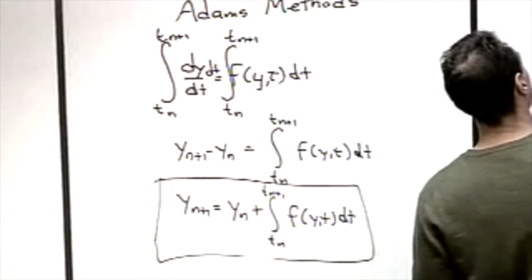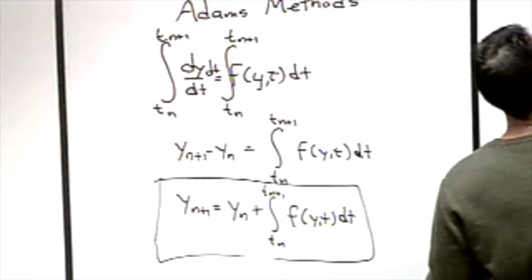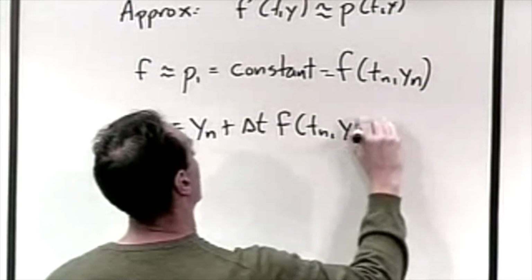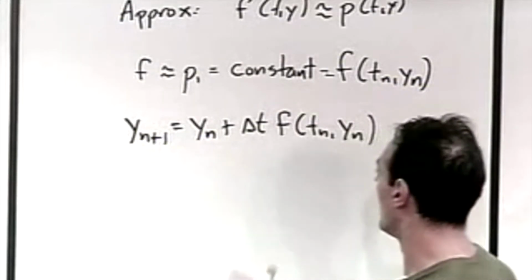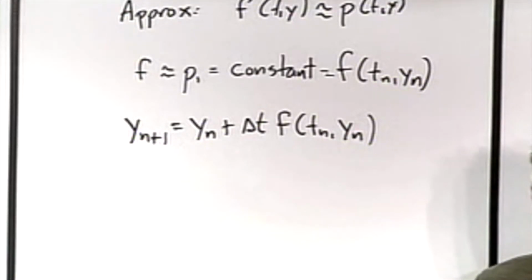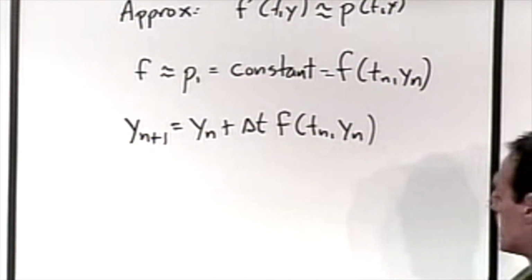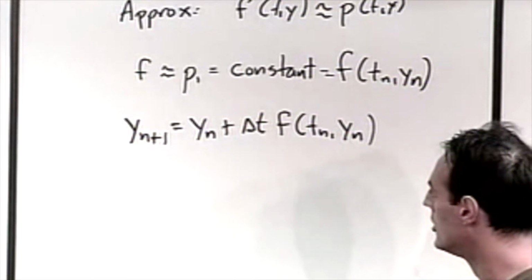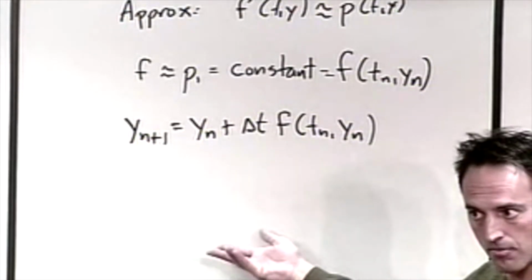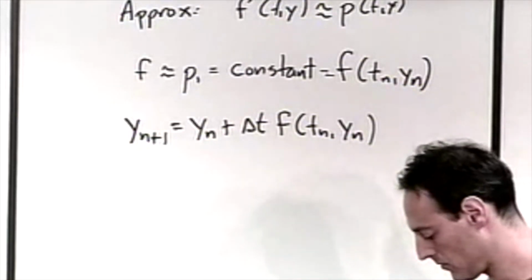So if I put that in, all I get out from this formula is that constant times delta t. Lo and behold, I have the Euler formula again. Same as before. Okay? So we derived the Euler formula, slightly different method, same result.